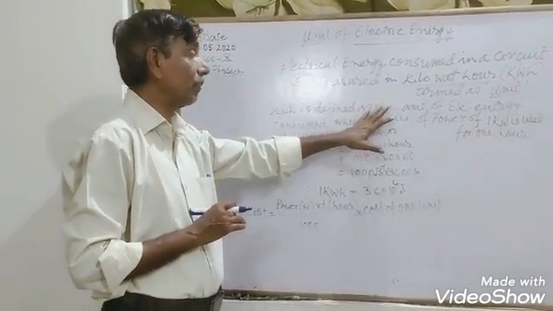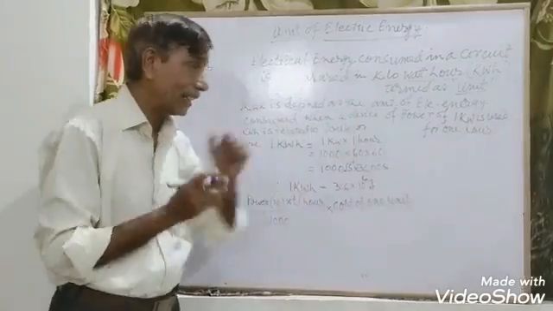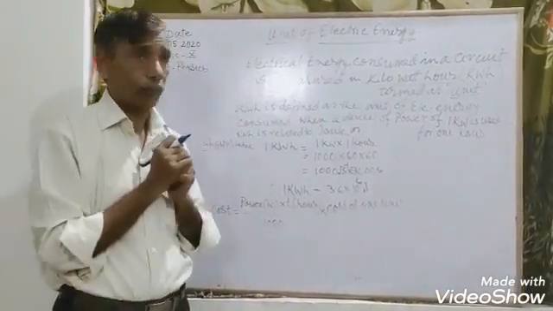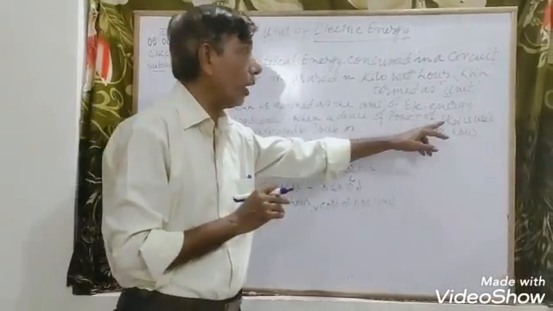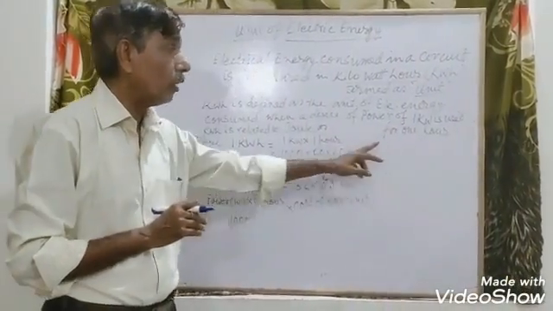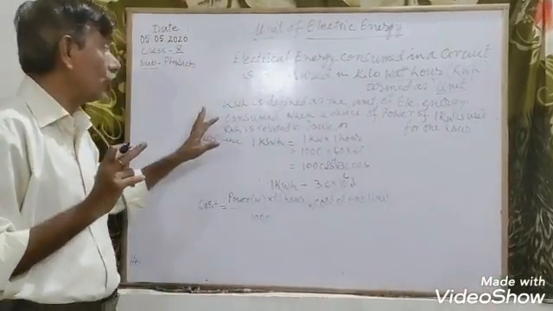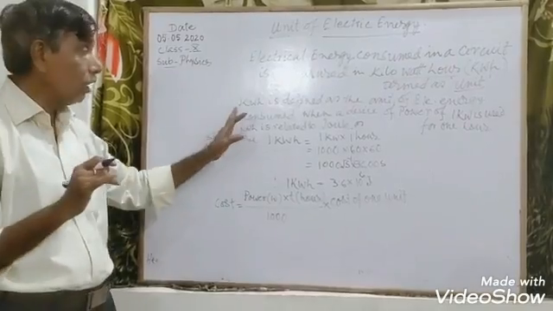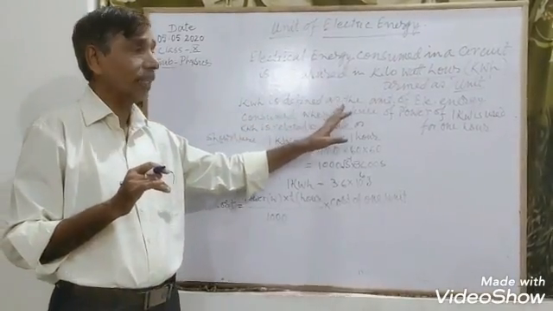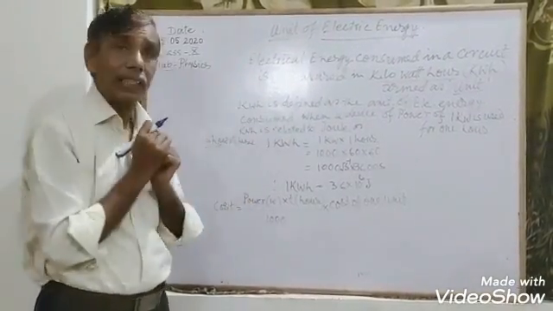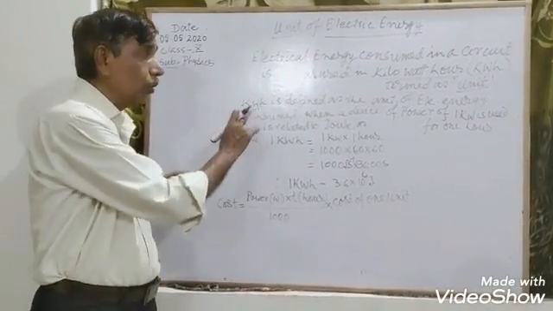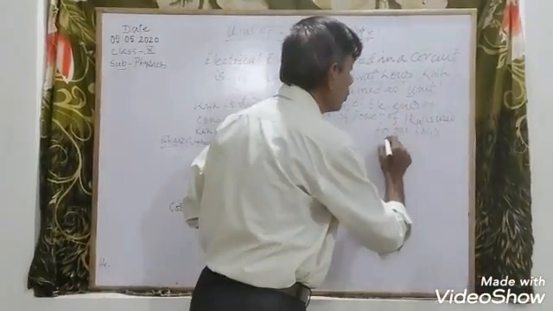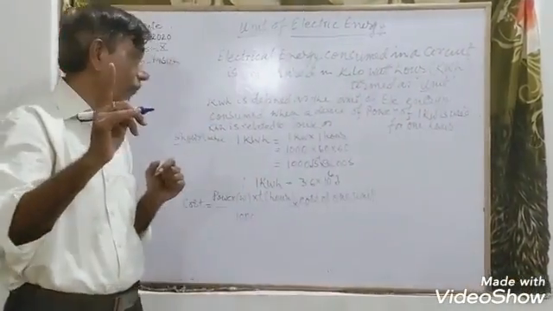Kilowatt hour is defined as the amount of electric energy consumed when a device of power 1 kilowatt is used for 1 hour.